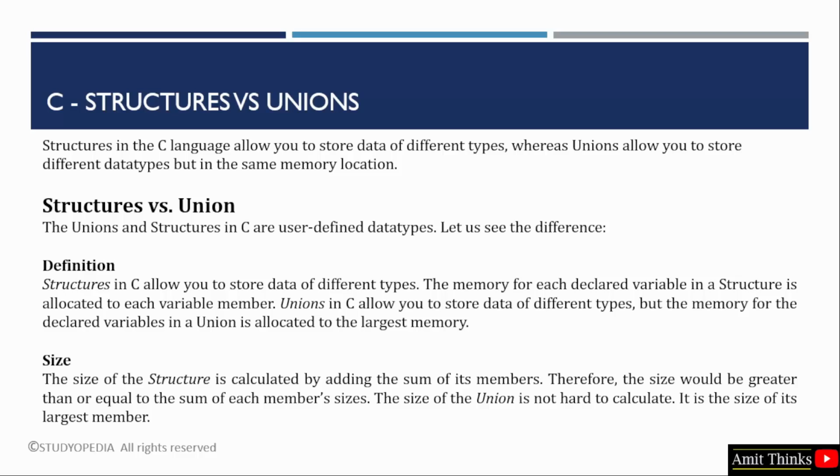The memory for each declared variable in a structure is allocated to each variable name, and in a union, as I said, it is allocated to the largest memory. The size of a structure is calculated by adding the sum of its members, but the size of a union is the size of its largest member only.